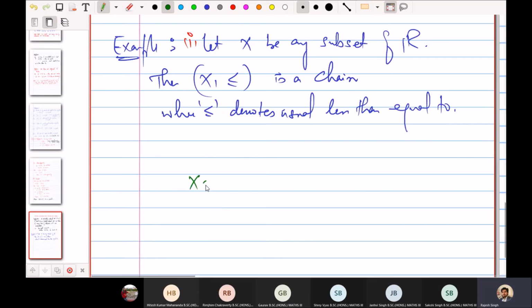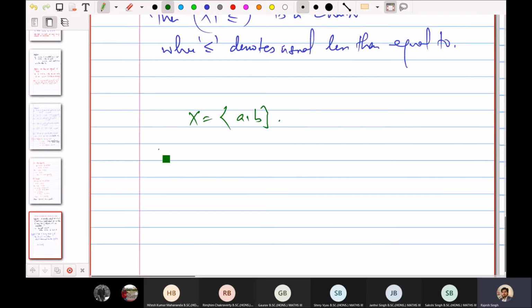क्योंकि जैसे अगर हमारा x अगर ab भी है, तो पावर सेट क्या हो जाएगा अपना? Px will be. क्या क्या एलिमेंट्स आएंगे इसमें?